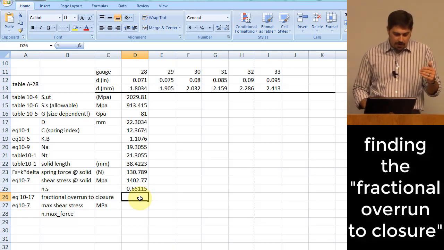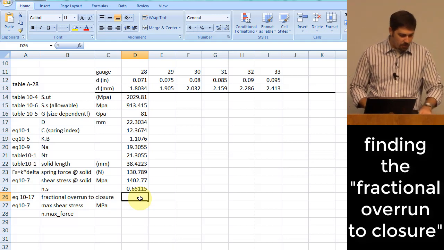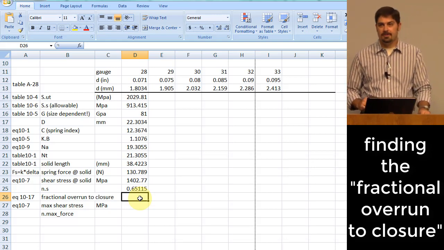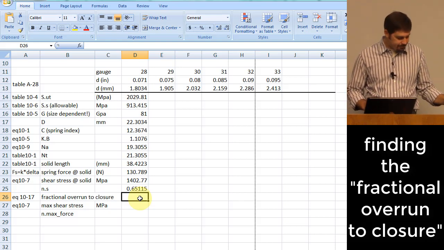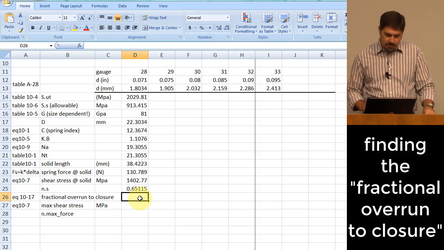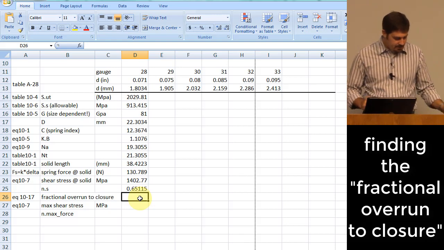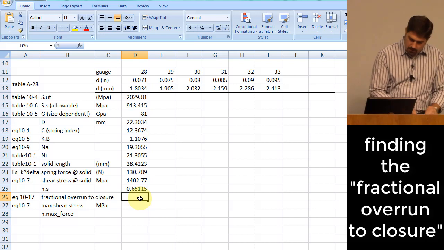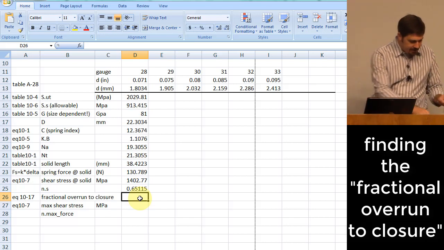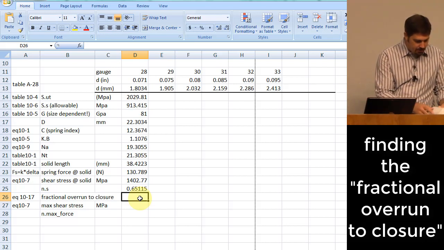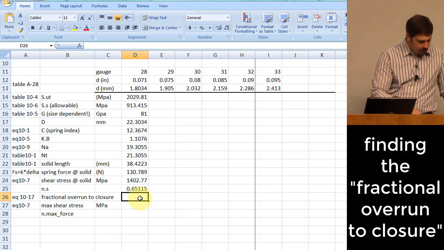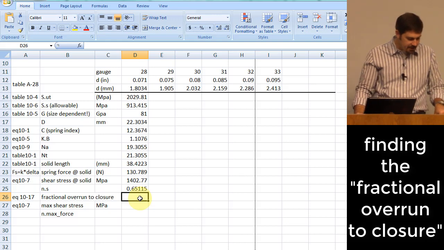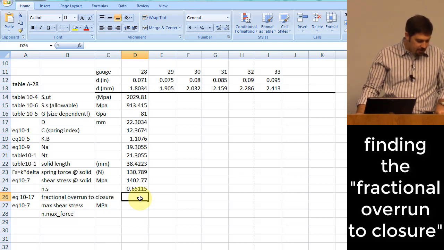Another thing that we should be looking for in here is something called a fractional overrun to closure. That's a mouthful. What I want to do for that is go ahead and find that expression here in the book. The weird thing about the fractional overrun to closure is that it doesn't give it to you in terms of that number.